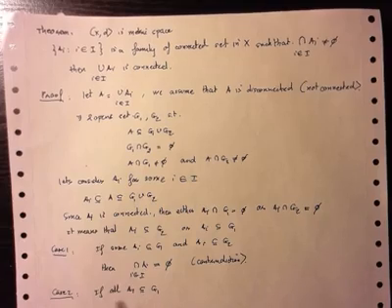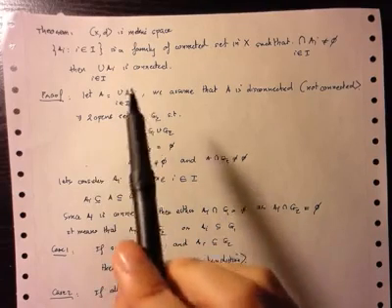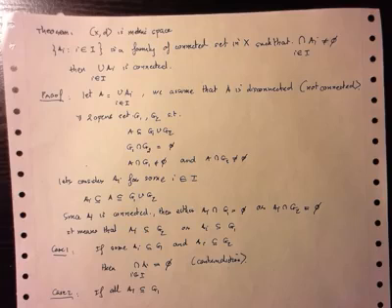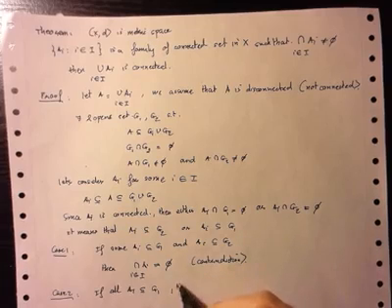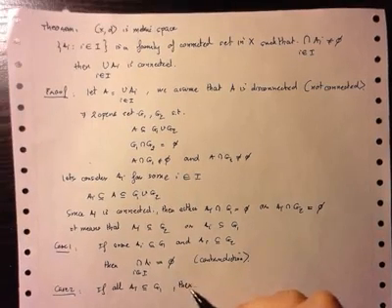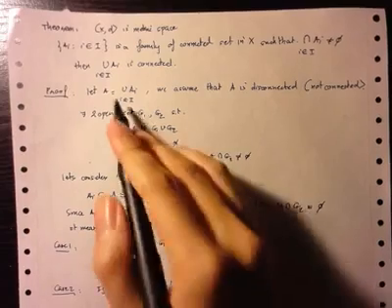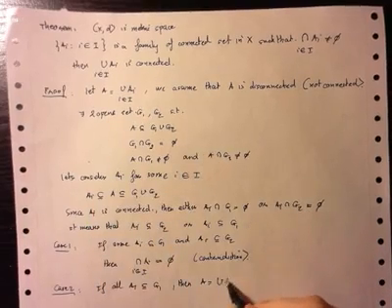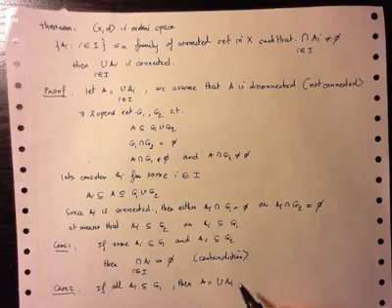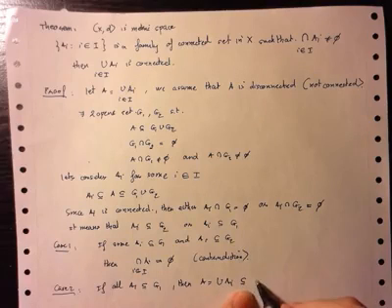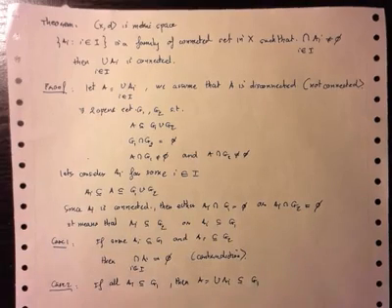If all members of this family of connected sets are contained in G1, then A, equal to the union of A sub I, must be contained in G1, right? Because with all of them contained in G1, the union of all of them must be contained in G1. And so A is contained in G1.